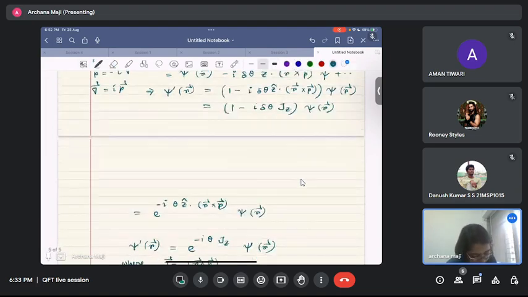So you can write down the angle theta to be n times delta theta, and then perform that infinitesimal rotation n number of times, and then take the limit n tending to infinity.